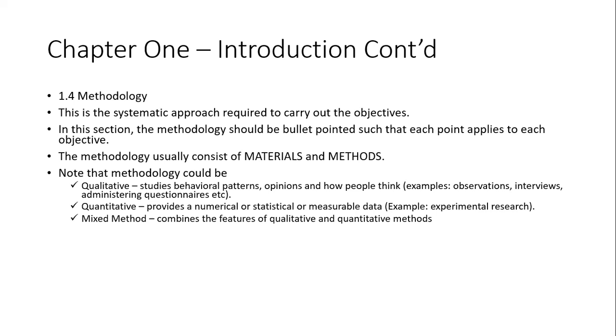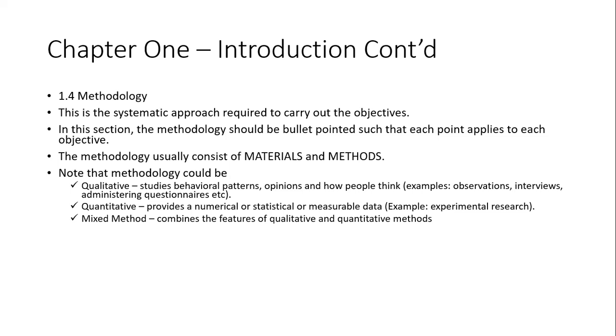Note that methodology could be qualitative because the qualitative technique studies behavioral patterns, opinions, and how people think. Examples are observations, interviews, administering questionnaires, and the likes, which is usually a major tool in the humanities.